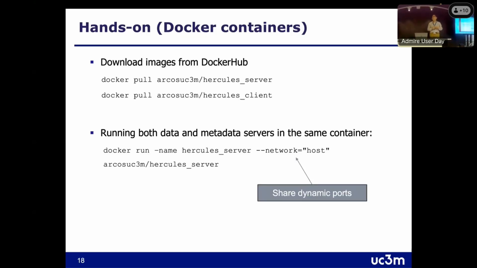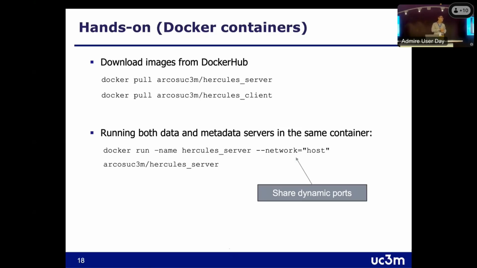Okay. But you can download it. We will adapt it also for ARM. And you can download the Dockers from Docker Hub. You can download a Hercules server, a Hercules client, and once you have done that, you need some time to download the Dockers, but you can do it. They are available. You can execute the Dockers with this command: docker run hercules server.